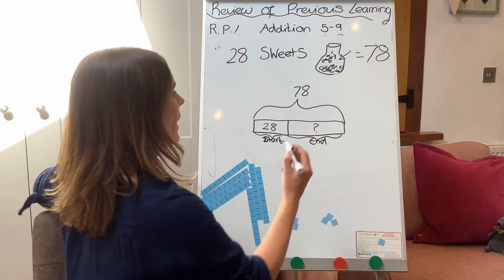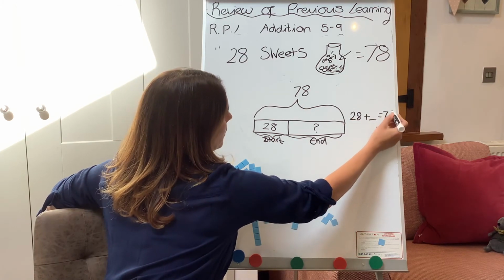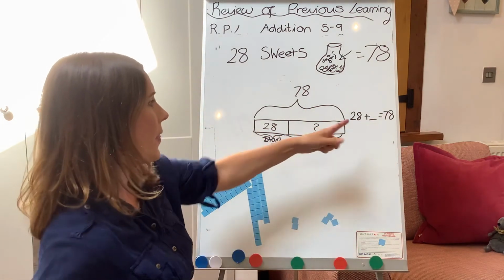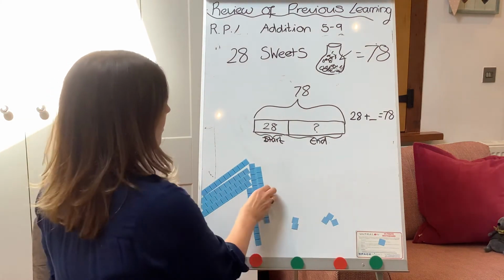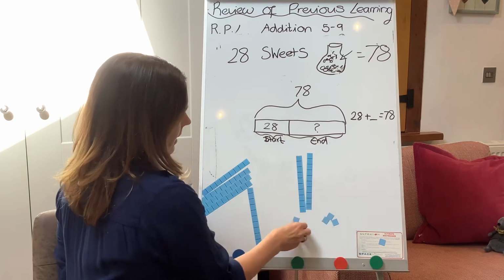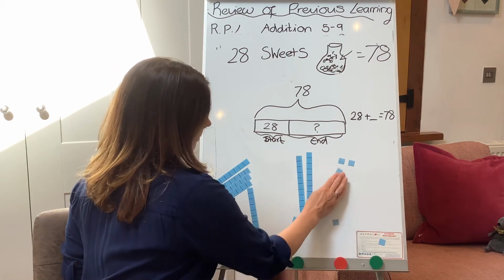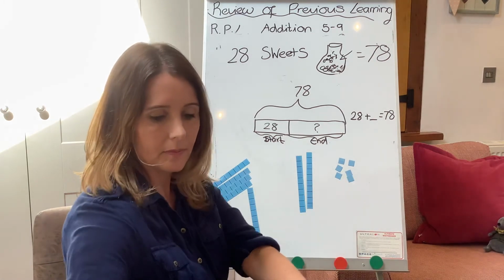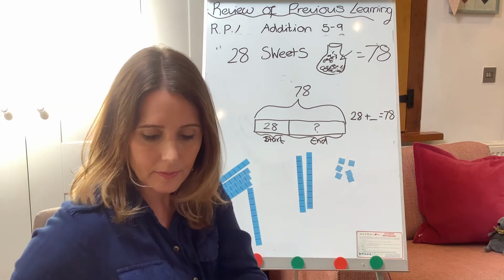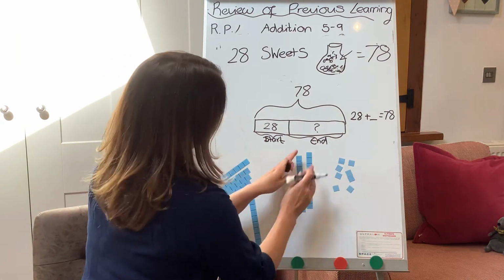Okay, so what I can do, I've got 28, add something is equal to 78. And I can work that out, I can count on using 100 square, or I can make 28 using base 10.